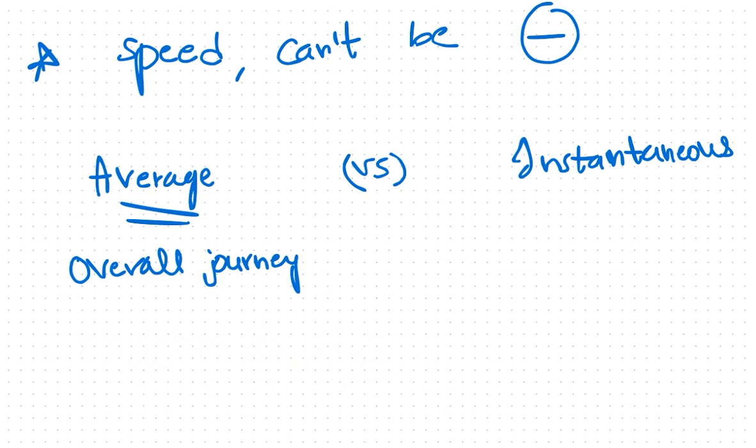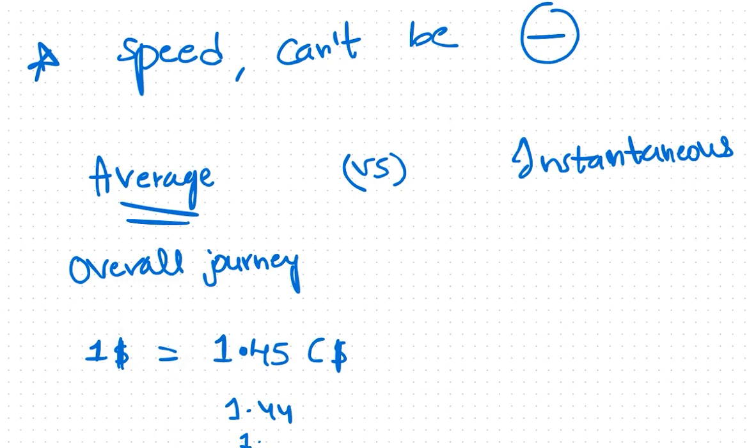Average versus instantaneous. Average means you have to consider the overall journey. Let's say the price of $1 is equal to 1.45 CAD, Canadian dollar. This price obviously will not be the same tomorrow. It can become 1.44. Price fluctuates.